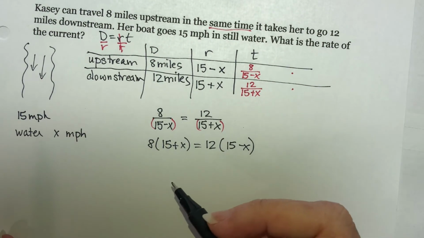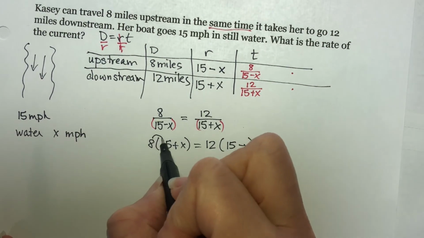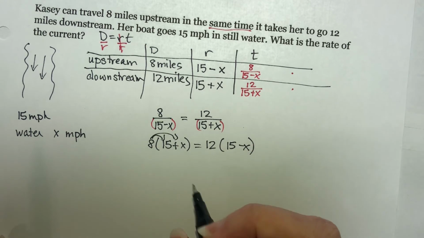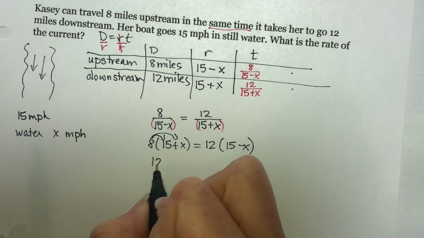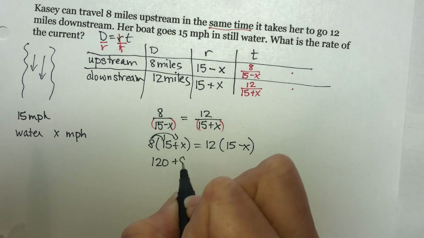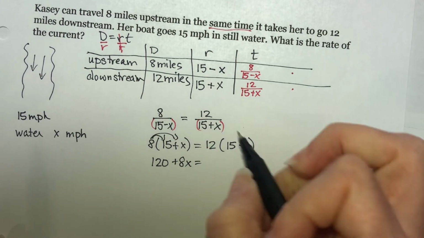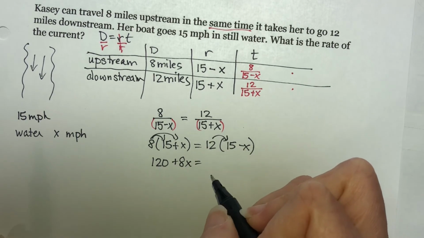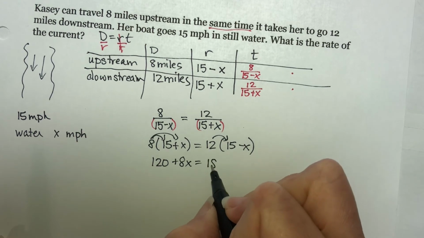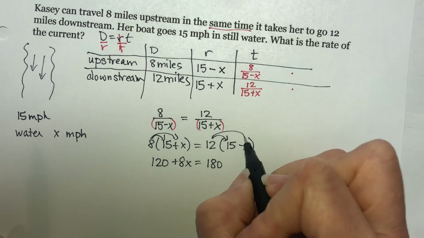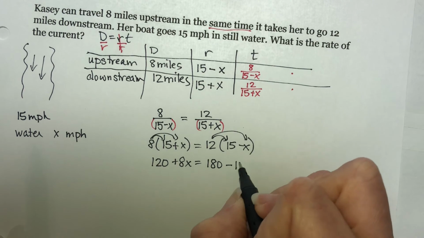Okay, now let's distribute. 8 times 15 is 120 plus 8x is equal to, distribute here, 12 times 15 is 180, and then 12 times negative x would be minus 12x.